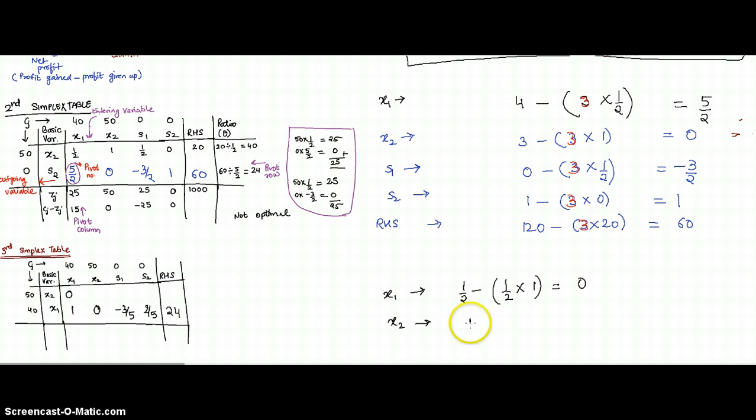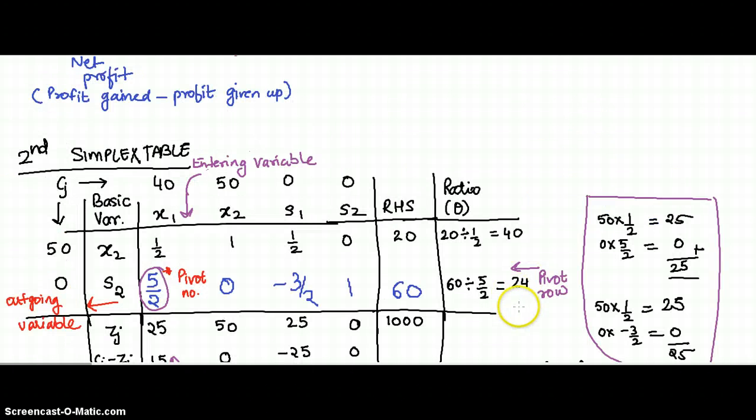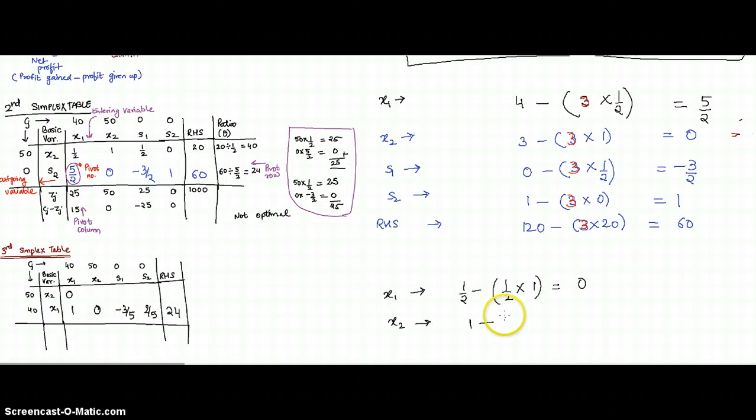What will we get? 1 minus half multiplied by 0 gives you 1 corresponding to s1. How will we get s1? The old value is half minus half multiplied by this number, minus 3 over 5.